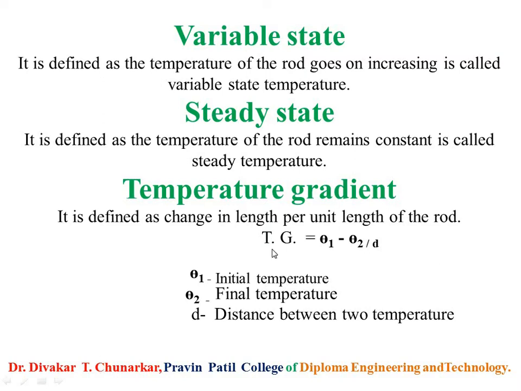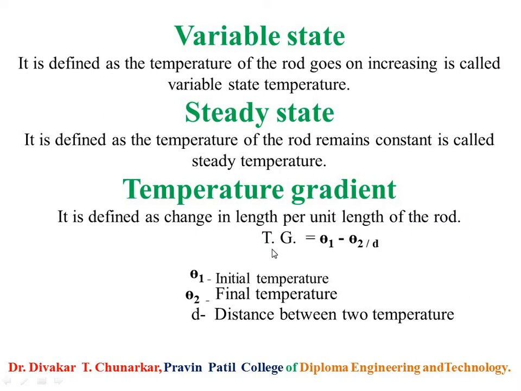Keeping this short definition in your mind, again I revise. Variable state is defined as the temperature of the rod going on increasing. Steady state temperature is defined as the temperature of the rod remaining constant.